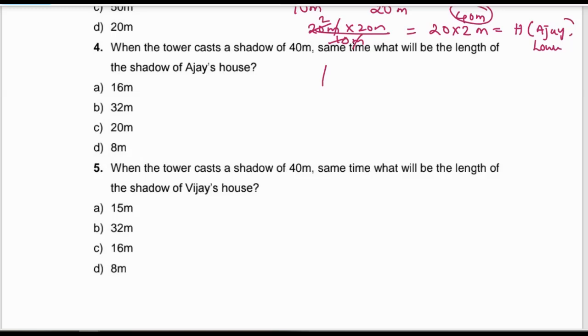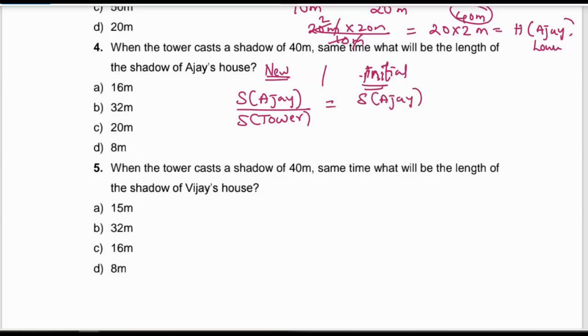So now we have to find the shadow, that is, we have the new shadow and the old one, initial and new values we have. So for the new one we have shadow of Ajay house divided by shadow of tower. The new one that we got will equal the old one, shadow of Ajay house divided by shadow of tower which we had in the beginning.